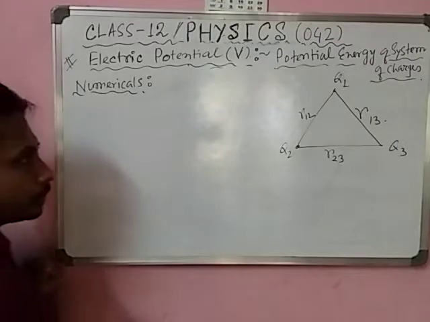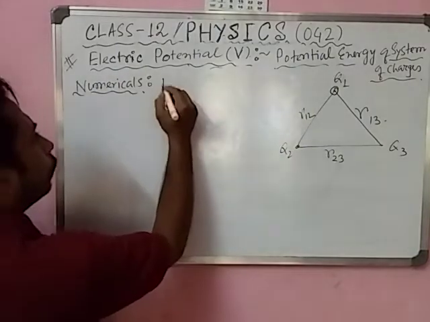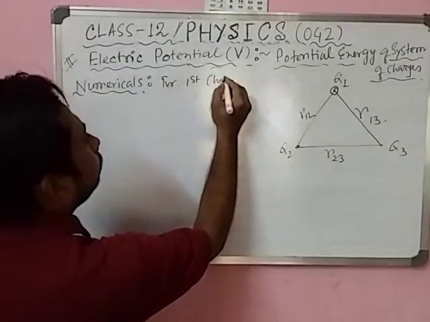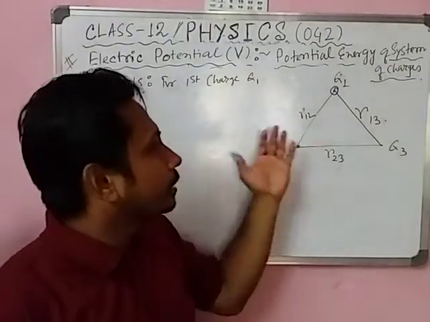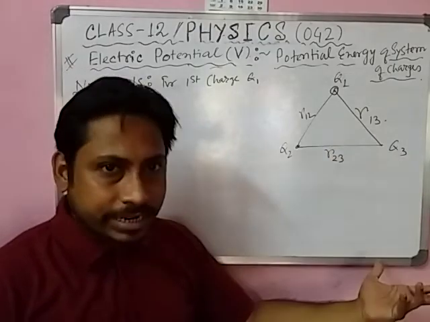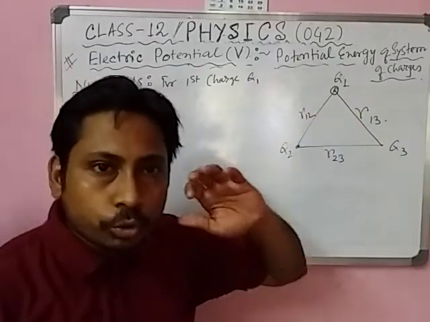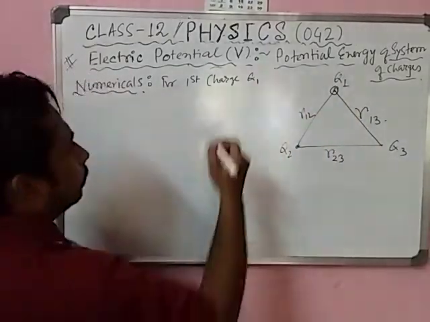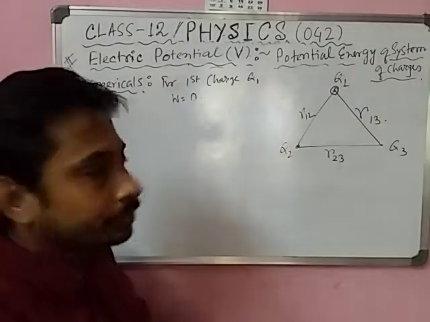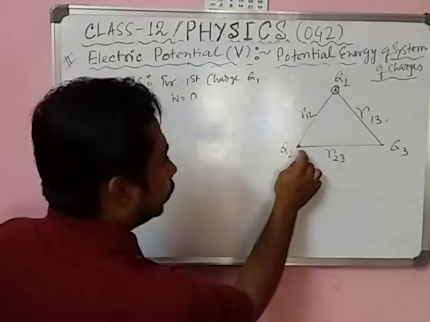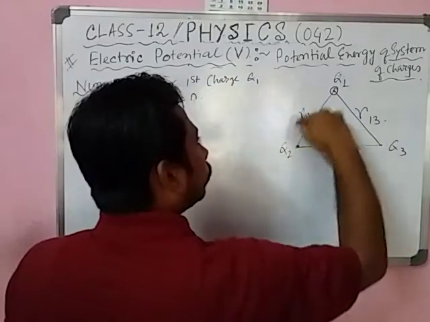So listen student, when you bring the first charge Q1, you need not do any work, because think other charges are absent, you are only bringing Q1 here, so you need not do any work. For that you can write work done W1 is equal to 0. Got it? Then you have to bring Q2. So think there is no Q3, so only Q2 and Q1.